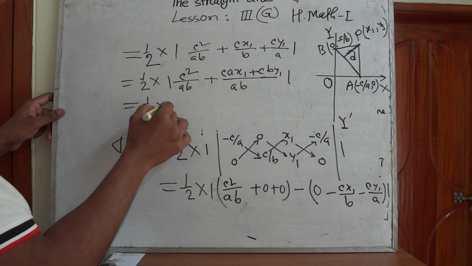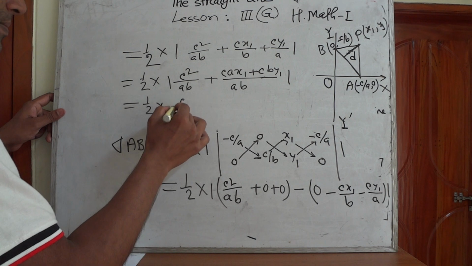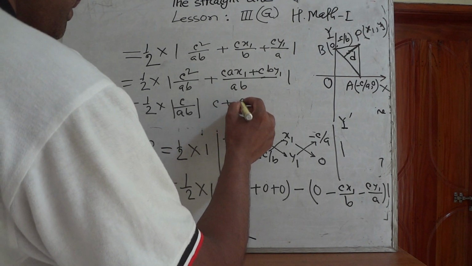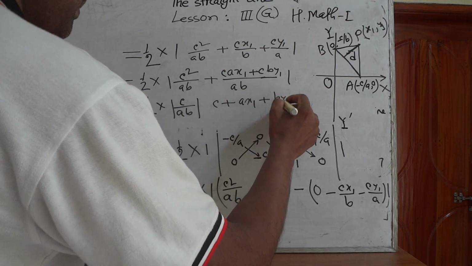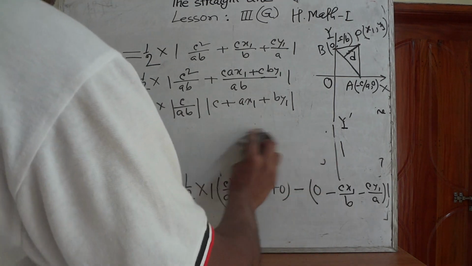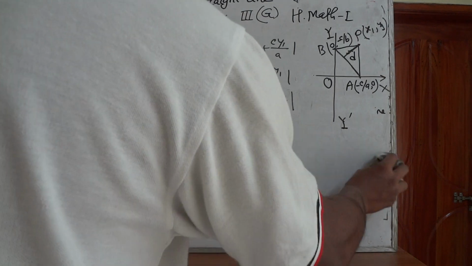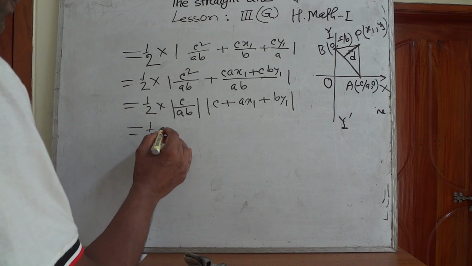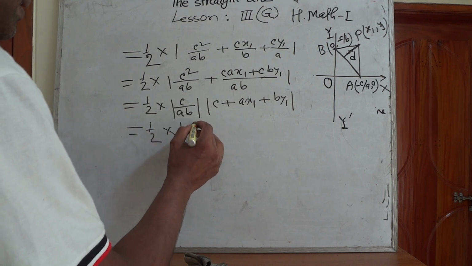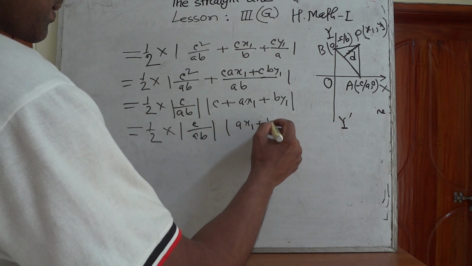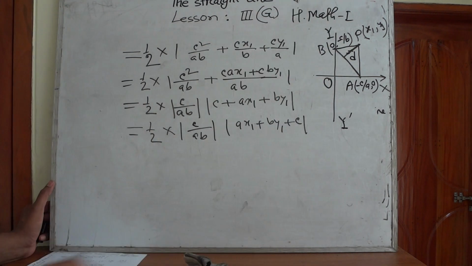This equals half into c by ab common, and here will be c, here a x1, here b y1. Arranging well, we get half into c by ab into the absolute value of a x1 plus b y1 plus c.